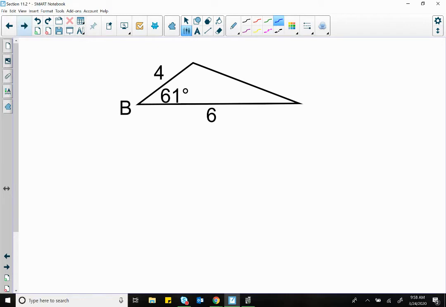All right. So again, this is the same thing that we just had a second ago. This is side angle side. And we're going to use that law of cosines. So again, we're looking for that little b.